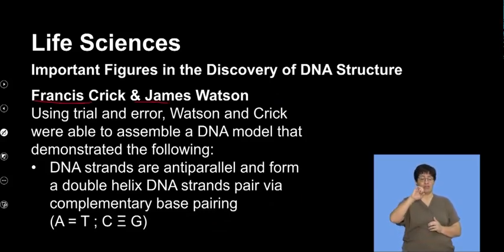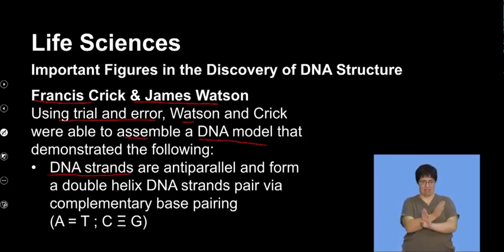Francis Crick and James Watson were the significant contributors who were recognized with discovering the structure of DNA. They used a process of trial and error with a whole lot of other calculations that they put together, along with the image that I just showed you. Watson and Crick were able to assemble a model of what DNA looked like. They said that DNA was a double-stranded molecule containing two strands that were anti-parallel, made up of complementary base pairs.